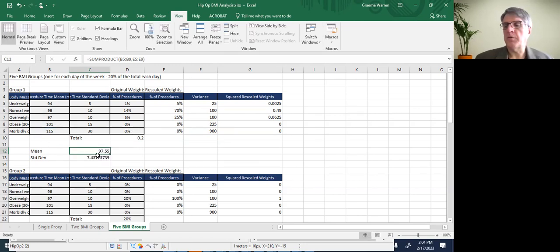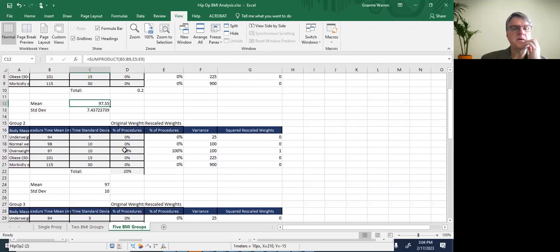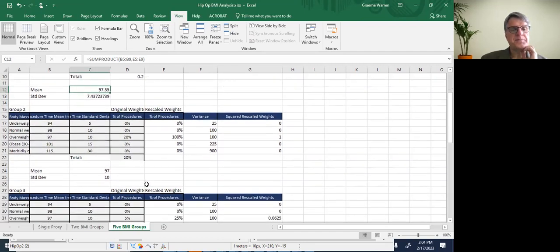So I'm going to work with just this one, and I'll just write it down, 97.55, and standard deviation is 7.44. Those are both in minutes. If you want to see the rest, group 2 is going to feature just overweight folks, 97.10 on that.